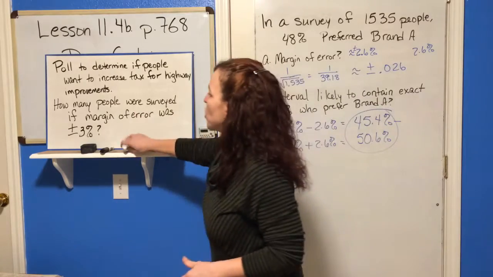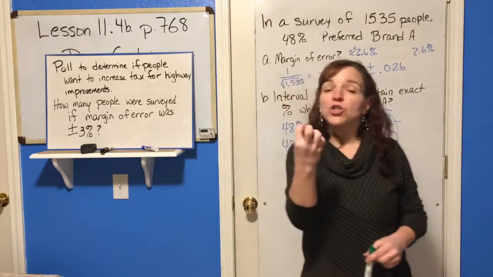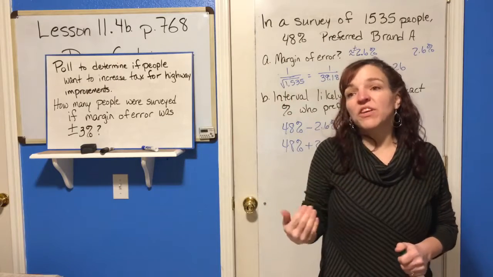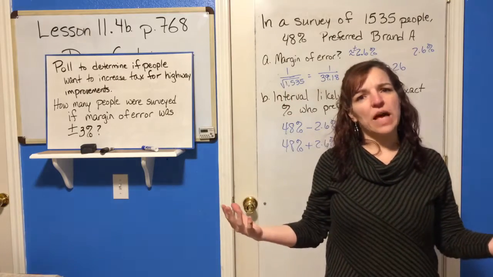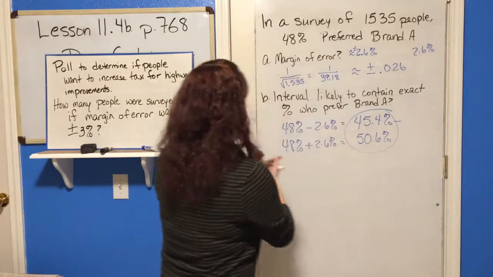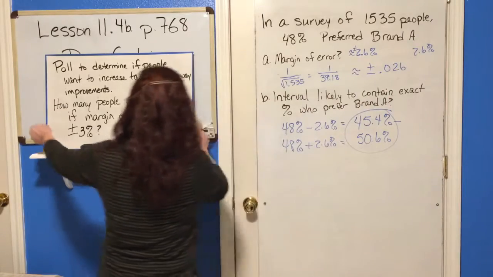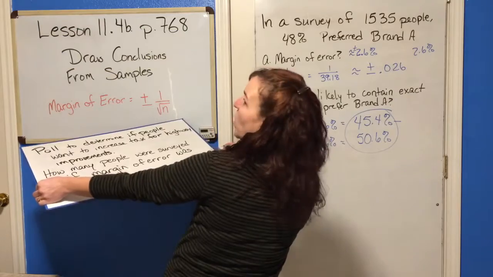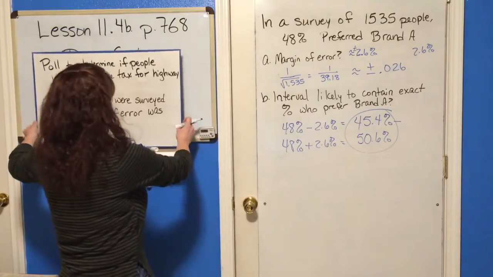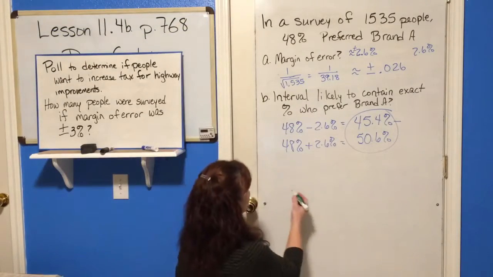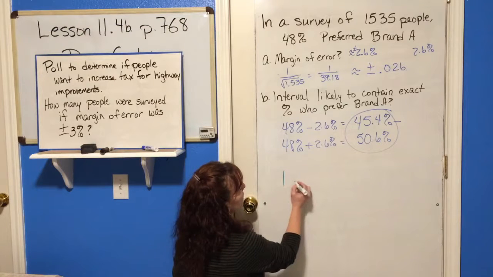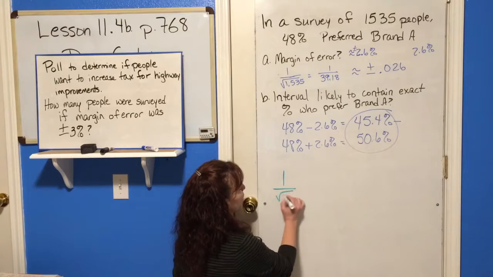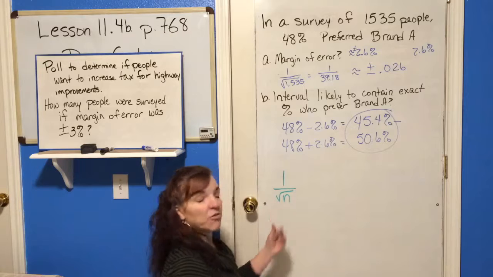So if we have the margin of error, then we can figure out how big their sample set was. Remember, our formula is plus or minus 1 over the square root of n.